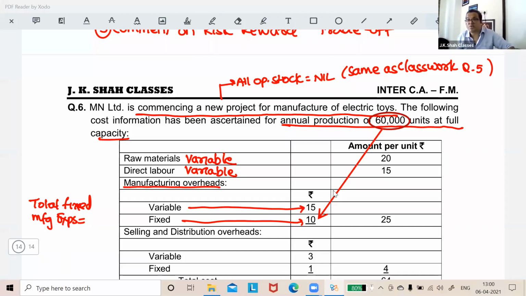So friends, now this is my maximum capacity. Even if I produce less than this, will the total fixed cost remain the same at 6 lakh? Yes or no? Reply. Even if I produce less than 60,000 units, the total fixed cost will remain the same, no? Yes. Good people.